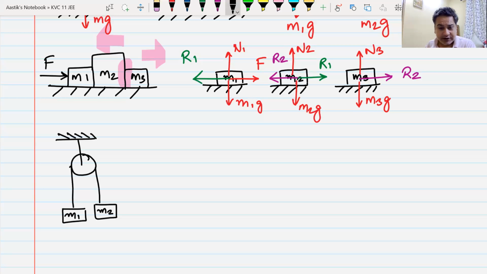Has anyone drawn the free body diagram? How does it look like?